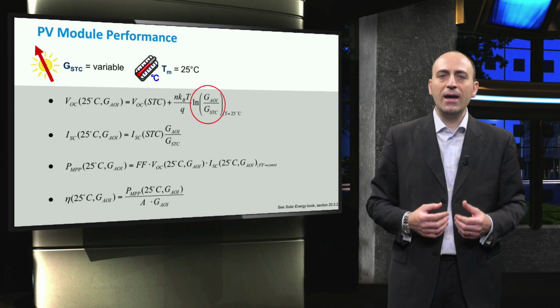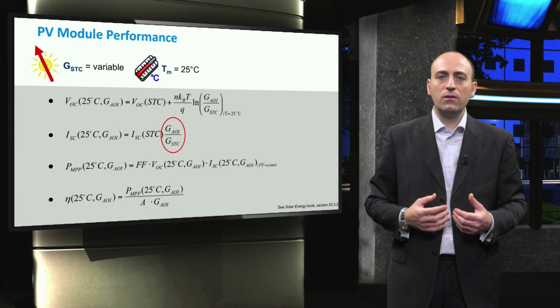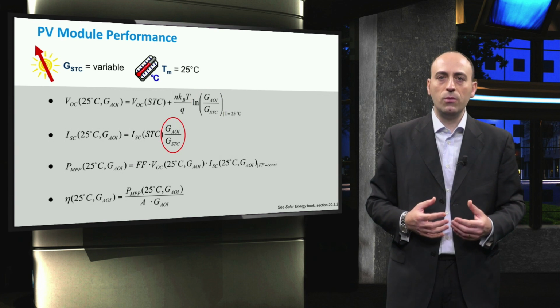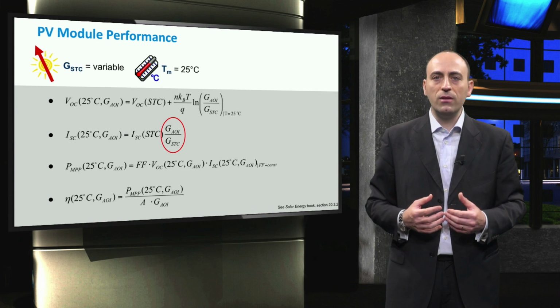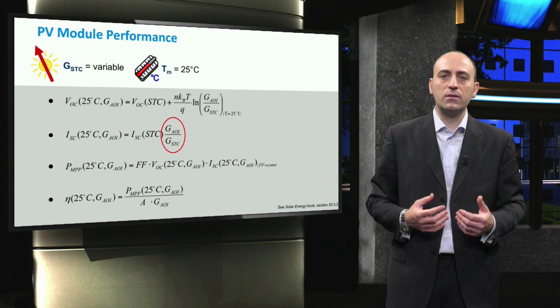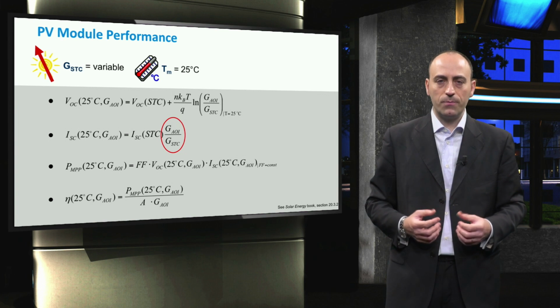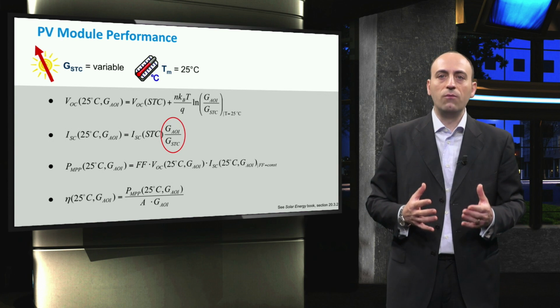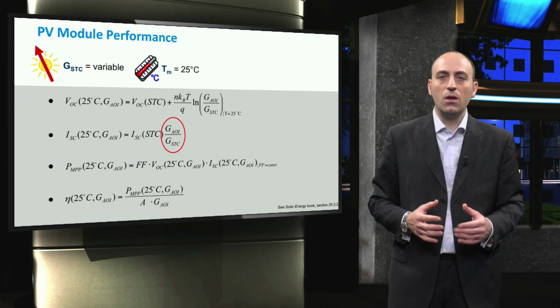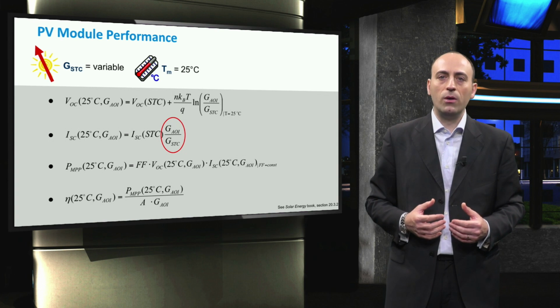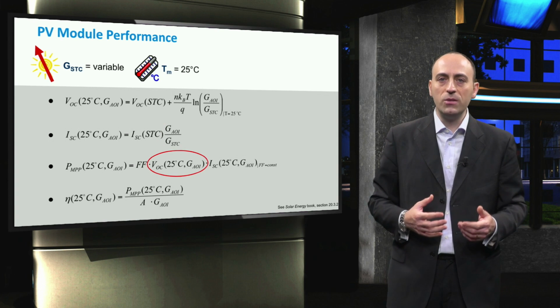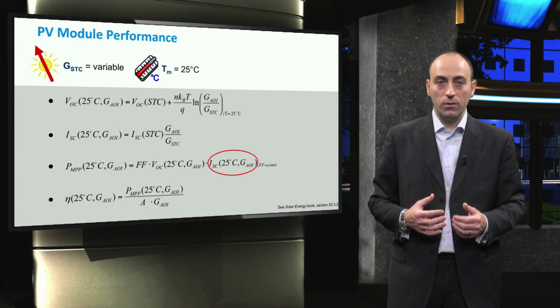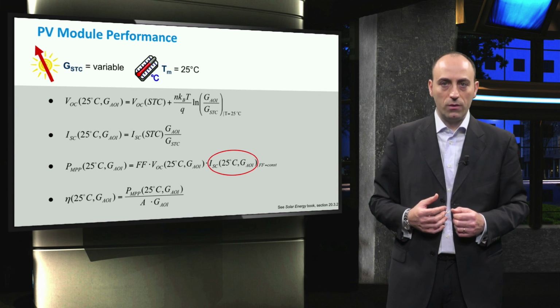In case of ISC, there is a direct proportional relationship between the standard current and the current that you can have from different irradiance values, and it is given by the ratio between the two irradiances. Finally, assuming that the fill factor of the current voltage characteristic is constant, we can obtain the maximum power point by simply plugging in the open circuit voltage and the short circuit current previously computed.